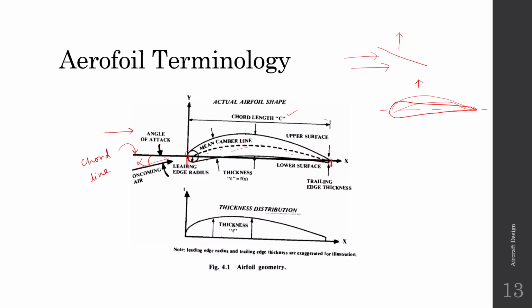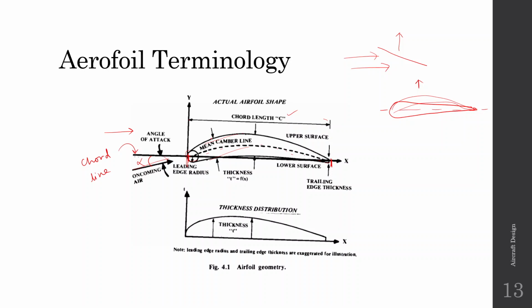So we have the upper surface of the airfoil and the lower surface of the airfoil, and when you take the midpoint of these two surfaces, you get the mean camber line. Here you can see that the mean camber line is above the chord line, so this is a positively cambered airfoil. For a symmetric airfoil, the mean camber line and the chord line are the same. They are a horizontal line.